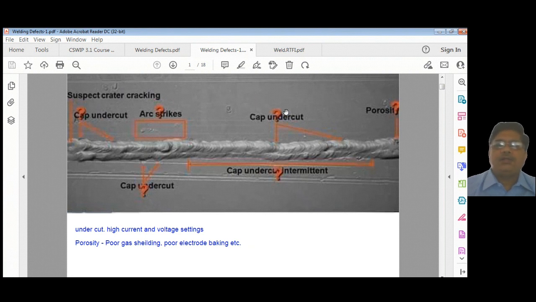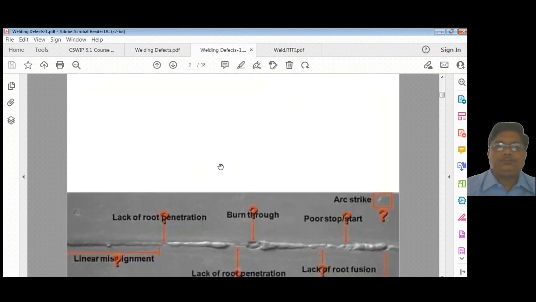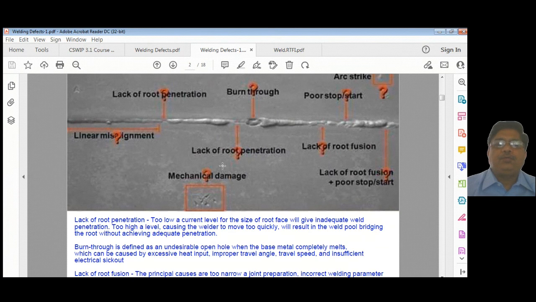You can see arc strike here, arc strike here as well. Capping undercut, intermittent capping undercut, you can see here. Cap undercut here also a little bit, and here as well. Then lack of root penetration, you can see here lack of root penetration properly.